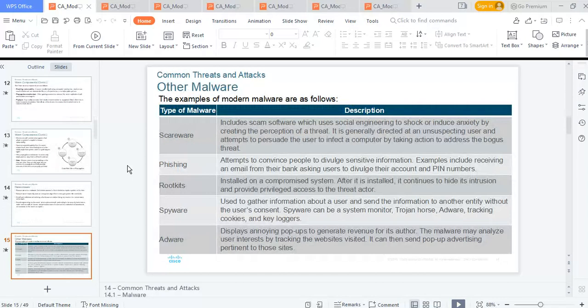Then we have other types like scareware, phishing, rootkit, spyware, and of course adware. There was a time in 2007 when I experienced the Raila Odinga virus. Rather, I will call it an adware. What does it do? It just throws up a web page and tells you to vote for Raila Odinga.